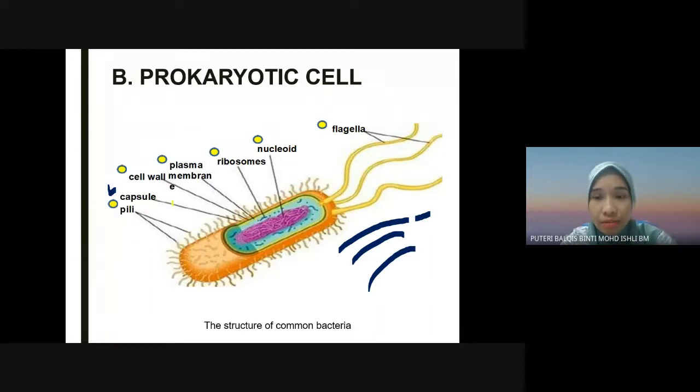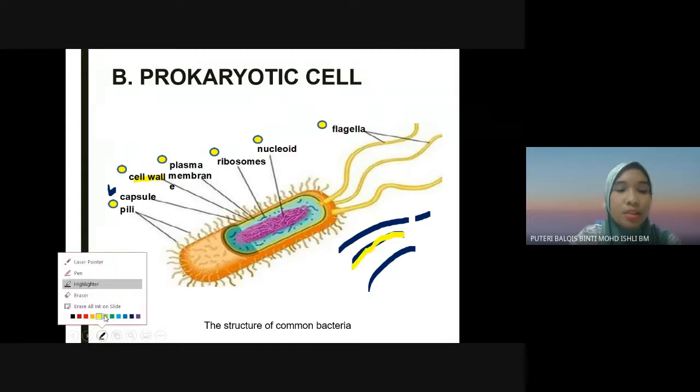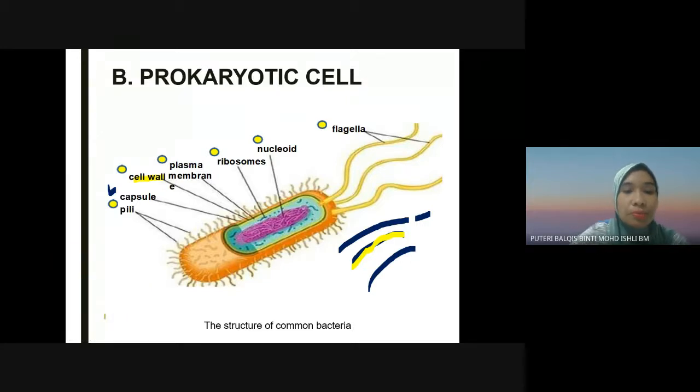Dia sangat tough, sebab itulah bila white blood cell datang untuk engulf the bacteria, dia still tak ada masalah. Layer kedua barulah kita jumpa cell wall. And the third layer is the plasma membrane. So the capsule, cell wall and the plasma membrane.